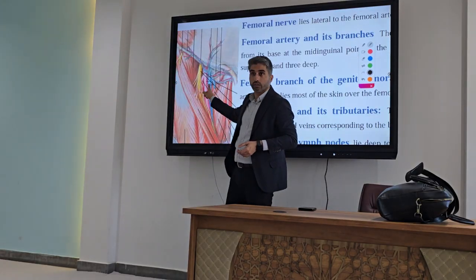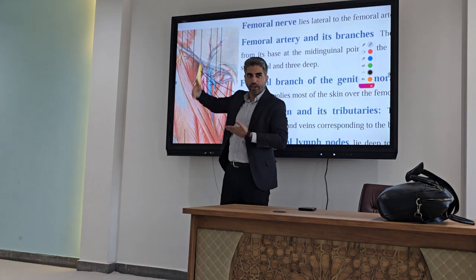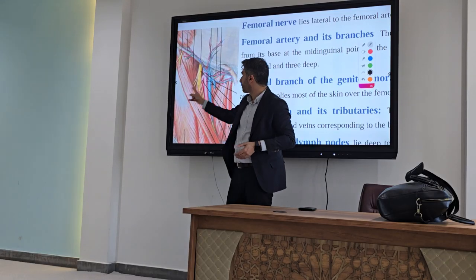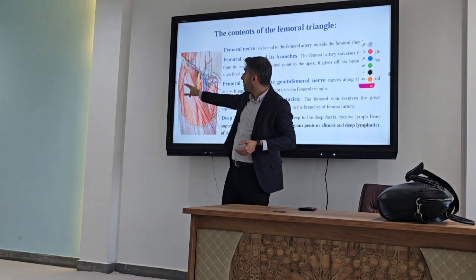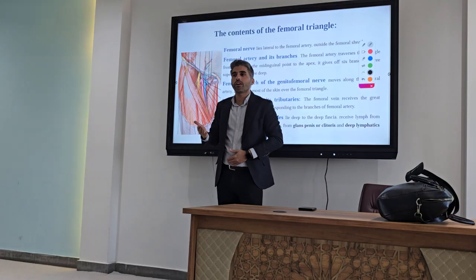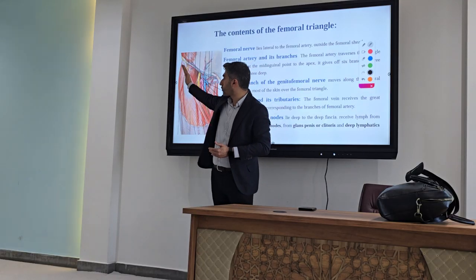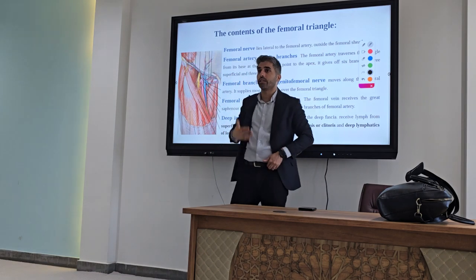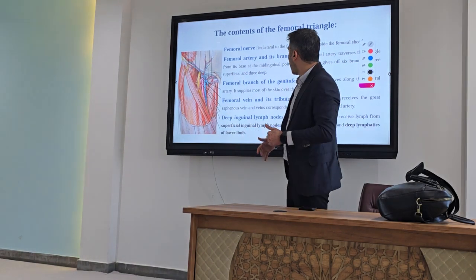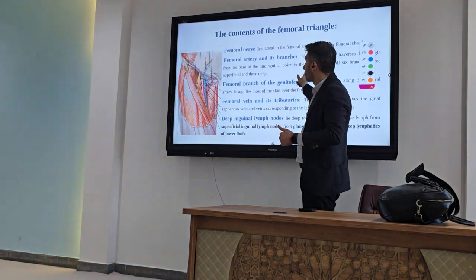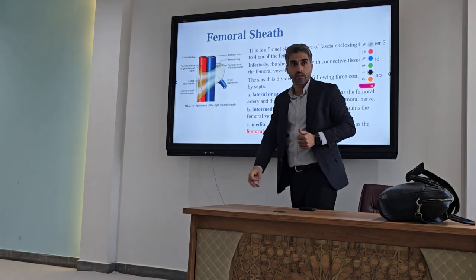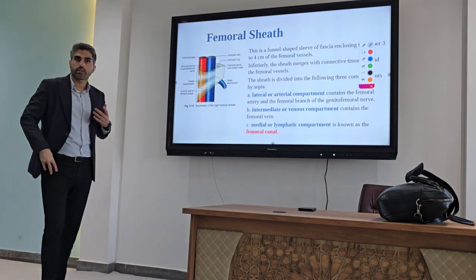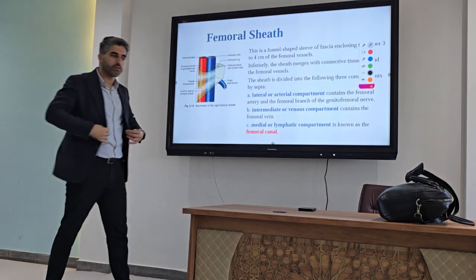The femoral vein. The nerve is lateral, the vein is medial, and the artery is in the middle between them. These are the walls. If I ask you what the lateral wall of the triangle is, you say sartorius. What is the base? You say the inguinal ligament. And we have some lymph nodes and nerves. Okay, guys? The femoral triangle is important because here we have artery, nerves, and veins.